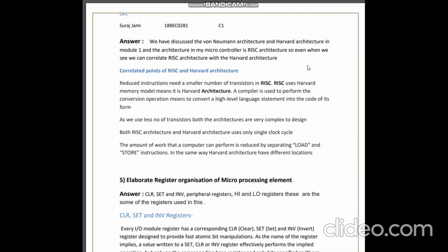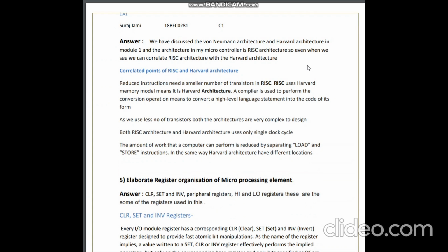Reduced instructions need a smaller number of transistors in RISC. RISC uses the Harvard memory model, meaning it is Harvard architecture. It's obvious, right? A compiler is used to perform the conversion, to convert a high level language statement into the codes of its form.